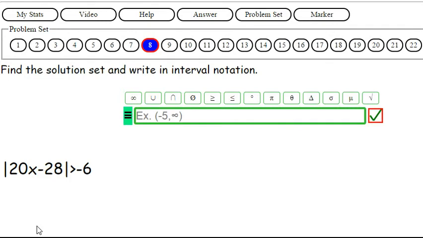The absolute value of 20x minus 28 is greater than negative 6.